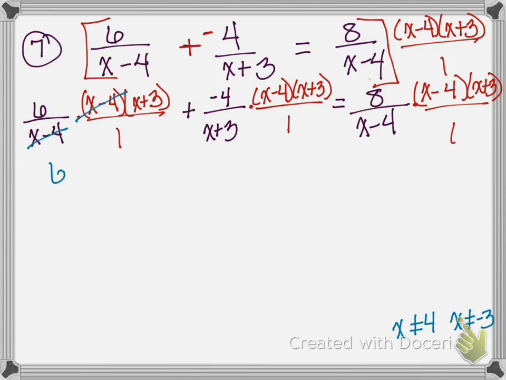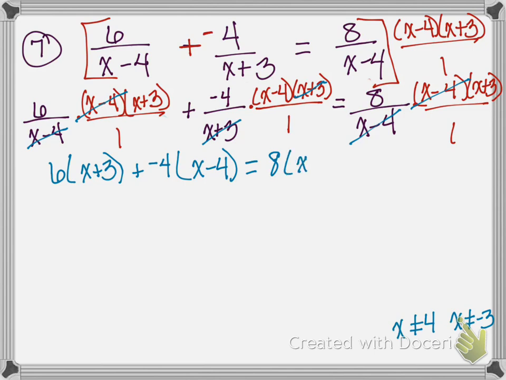So now I have 6 times x plus 3. Then I have plus negative 4. My x plus 3's cancel, so I have negative 4 times x minus 4. Here my x minus 4's cancel, and I'm left with 8 times x plus 3.